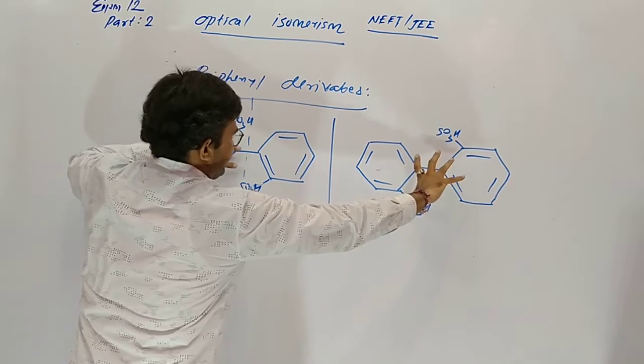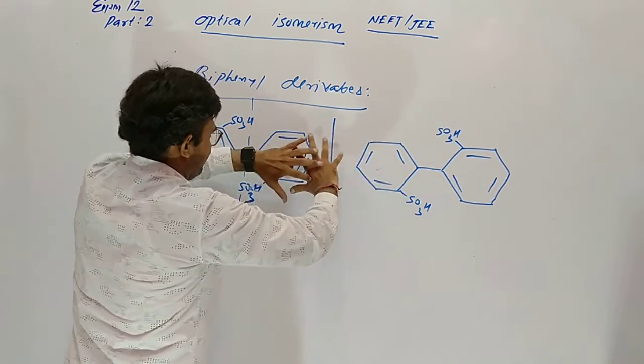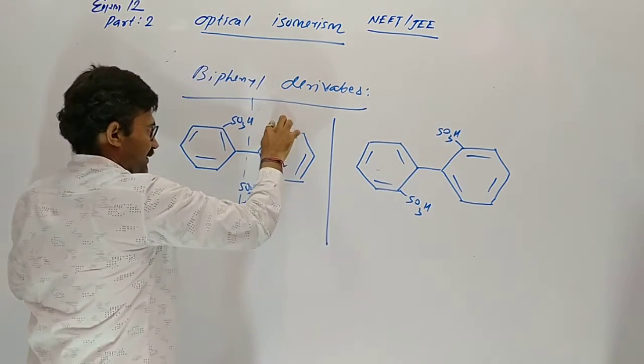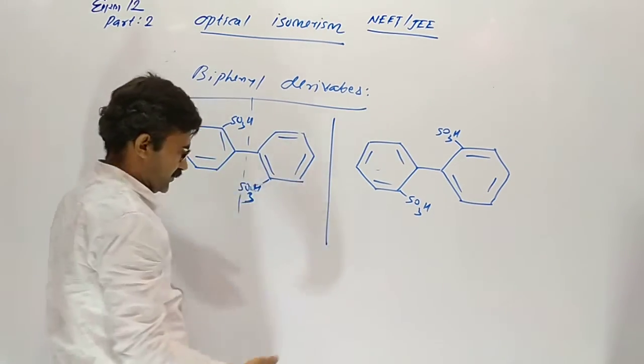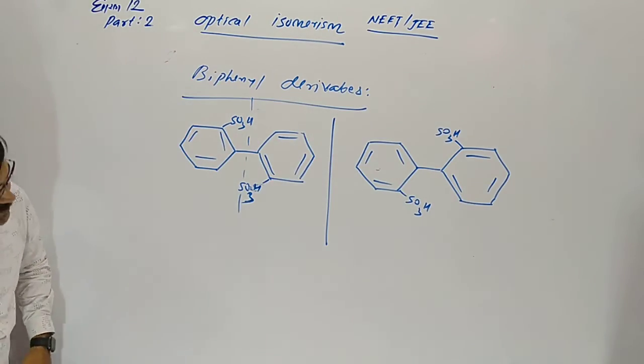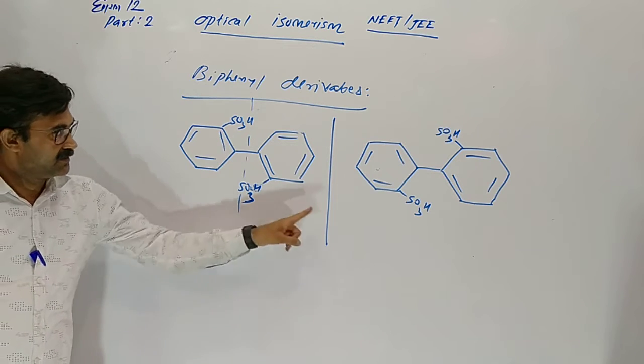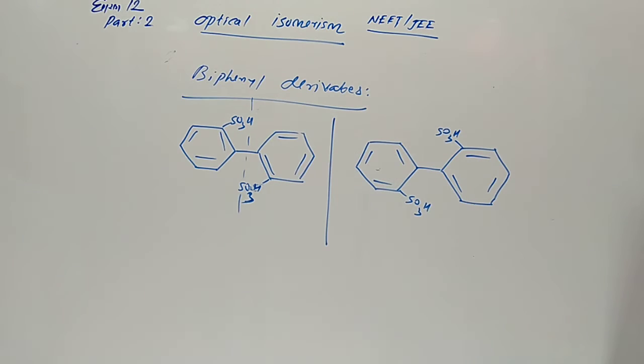And when we bring both close to each other, the SO3H group comes here. There is vacancy. So we can't superimpose. It's not superimposable. So both are optically active. So one should be dextro, one should be levo.